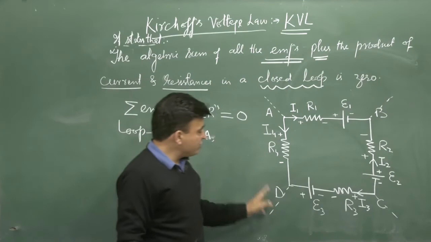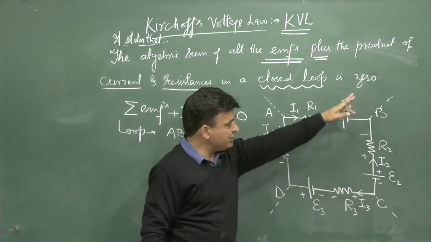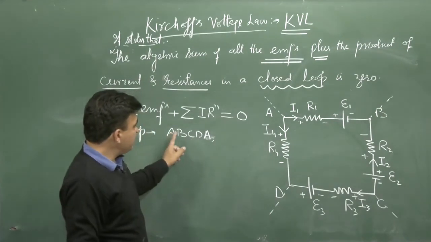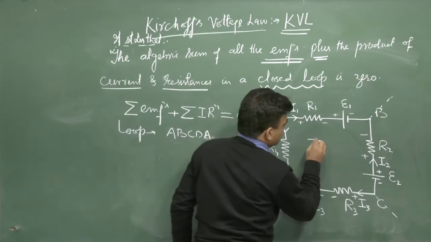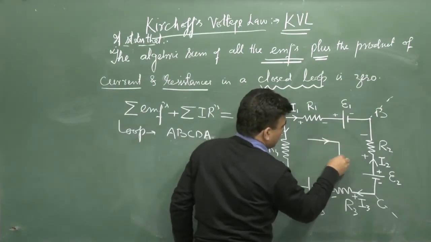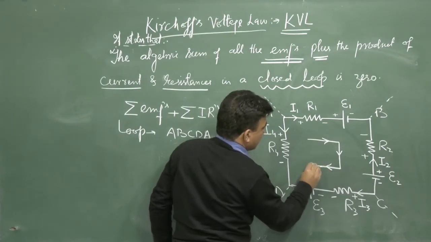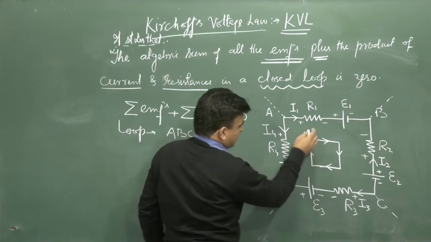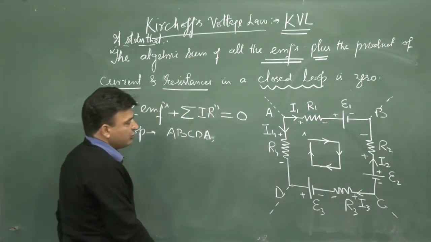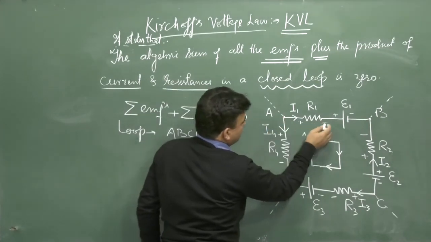Don't move from A to D, D to C, C to B, B to A, or A to B and then from C to B. No. You have to move A to B, B to C, C to D, and again reach point A. While moving like this, let us start from A to B.